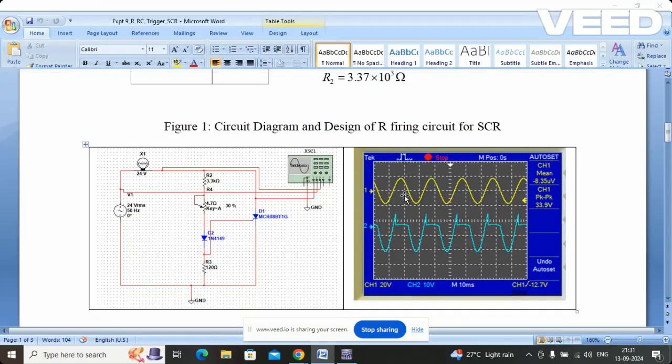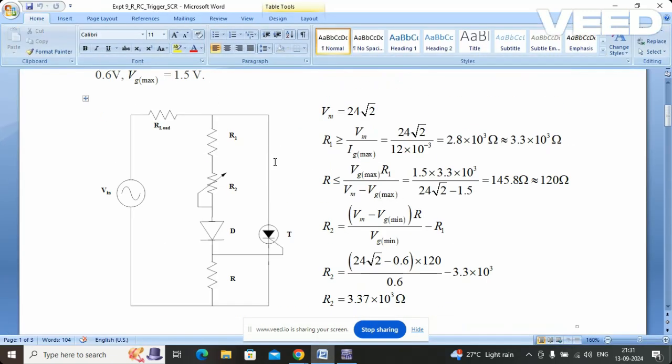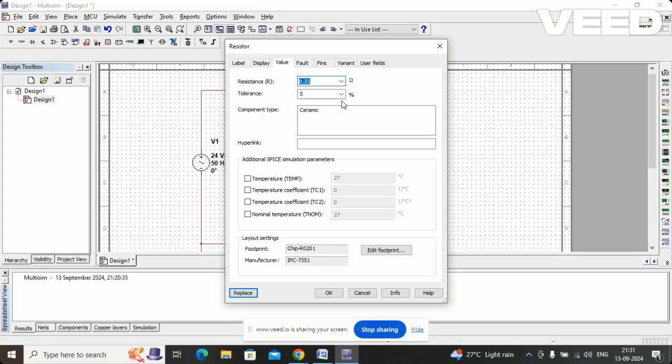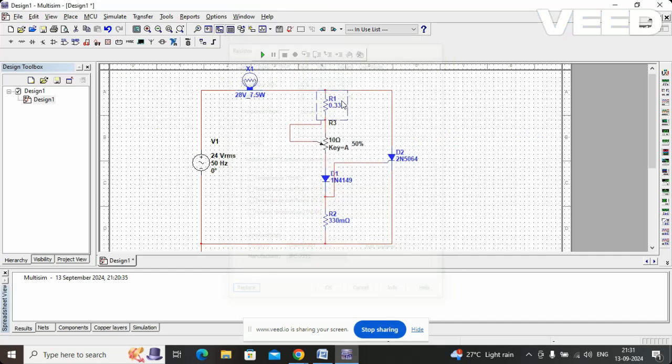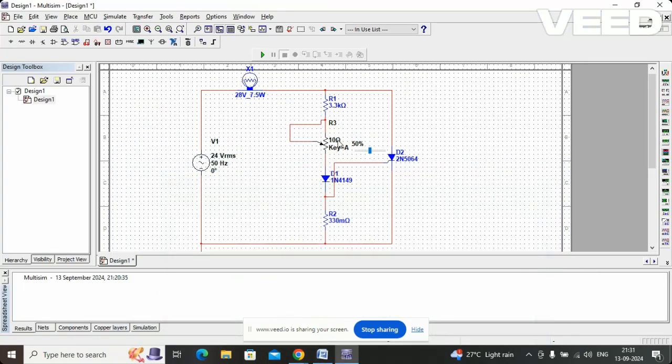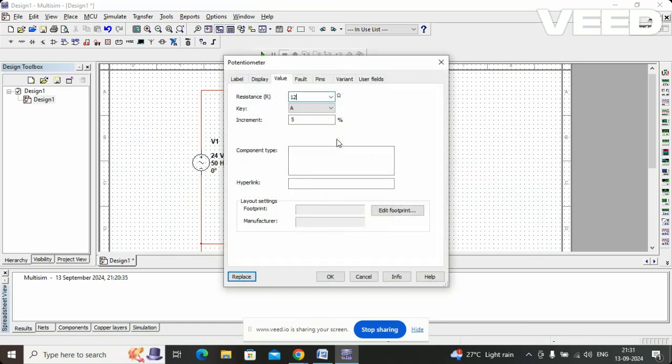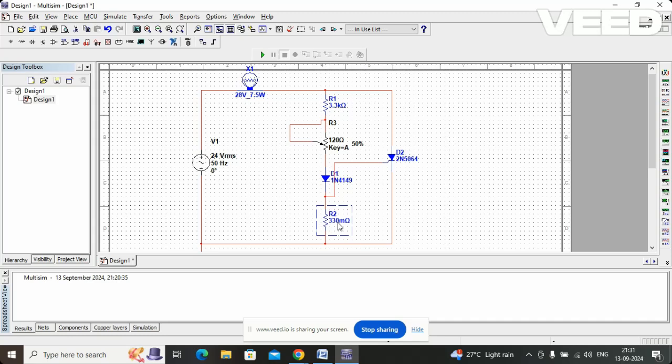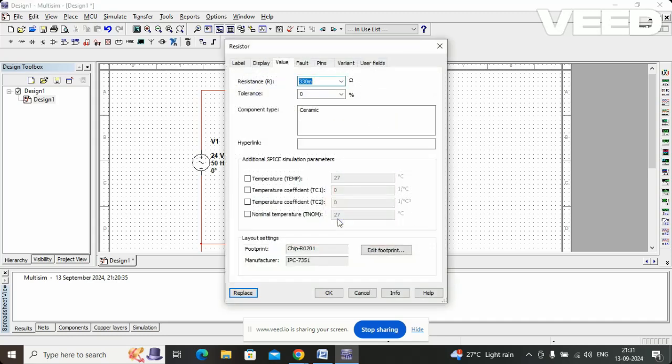And then we will put the values, that is R1 is 3.3K. So let's write over here 3.3K. The potentiometer is 120 ohm, and this is again 3.3K.